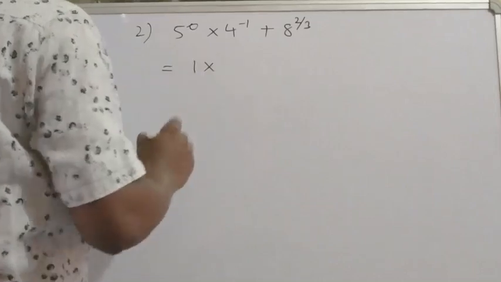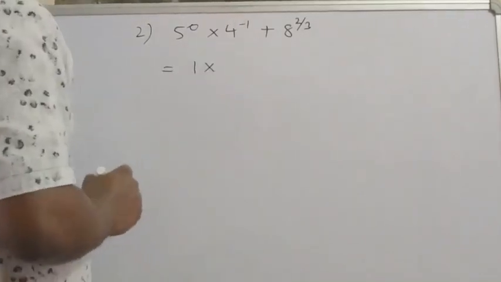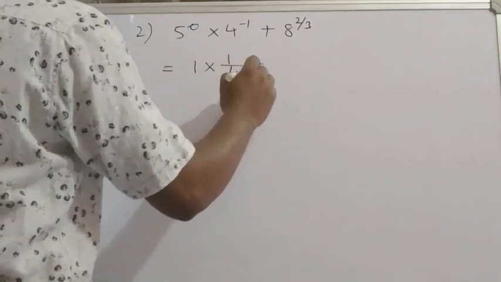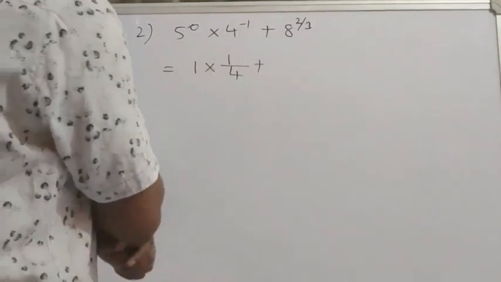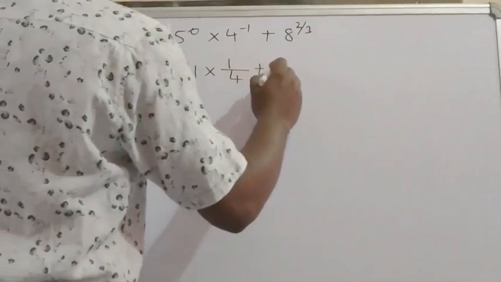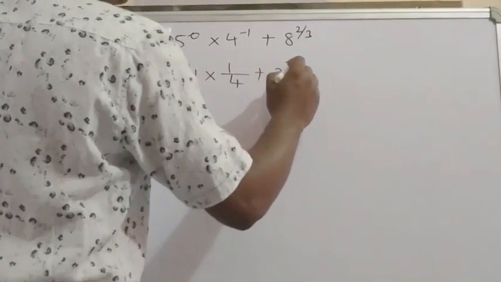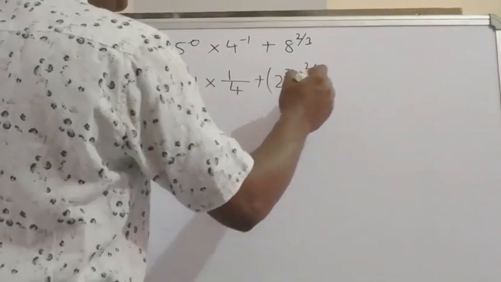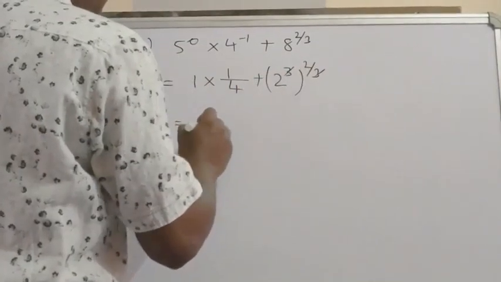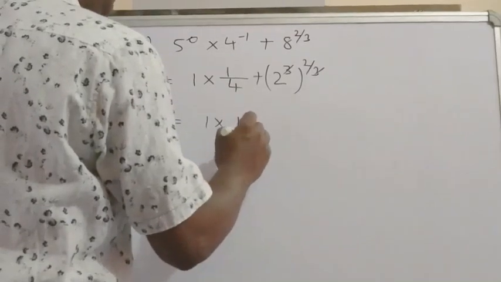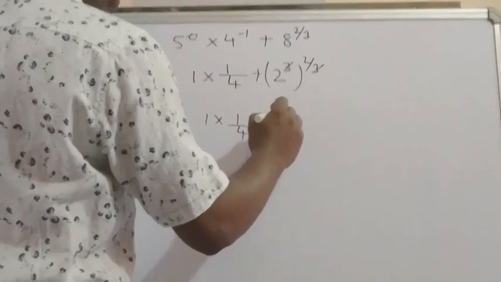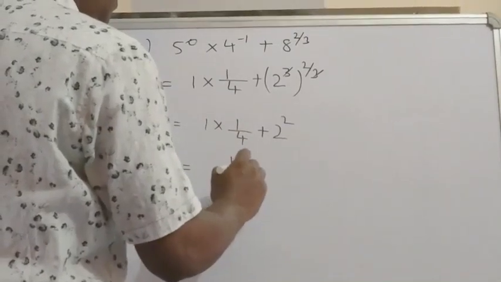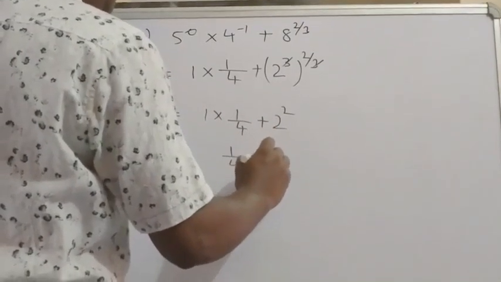So 1 into 4 to the power minus 1. The power is negative, so it will be reciprocal, 1 by 4, plus 8. In the power form we can write 2 to the power 3, to the power 2 by 3. So the 3 cancels. So 1 into 1 by 4 plus 2 to the power 2. 1 into 1 by 4 is 1 by 4, plus 2 to the power 2 is 4.